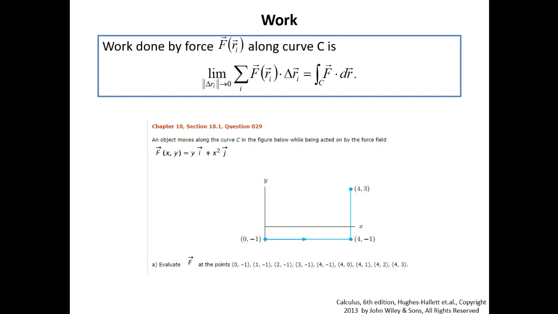And so we've got this problem. We've got the path here going from 0, -1 to 4, -1, and then going up to 4, 3. And we've got this force vector here, y I plus x squared j.